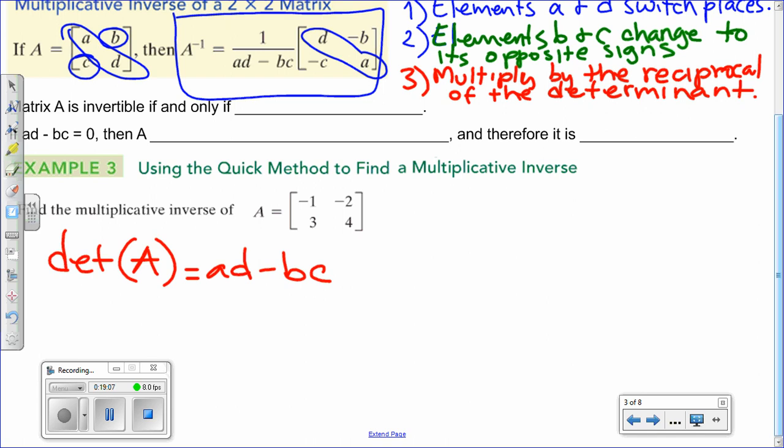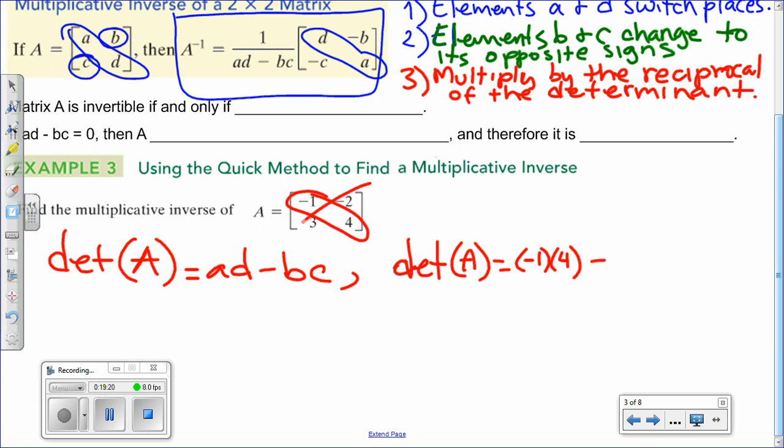So to find the determinant of that one, it's going to be -1 times 4 minus 3 times -2, like crisscross multiplication. So this is -4 plus 6, so that is 2. That is the determinant. Now, why do we care about the determinant?